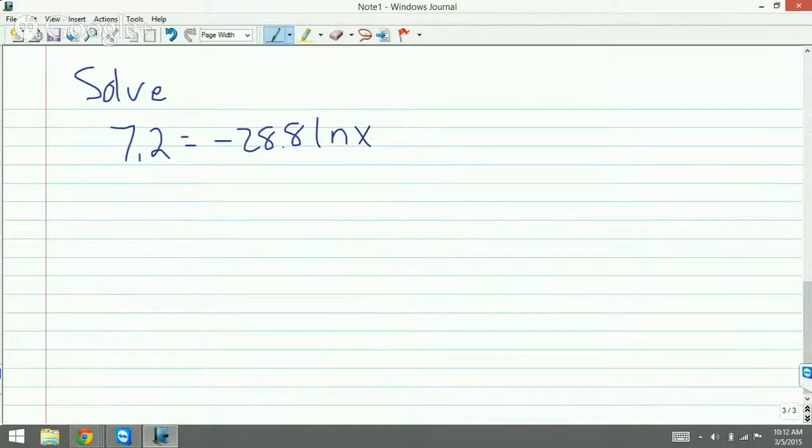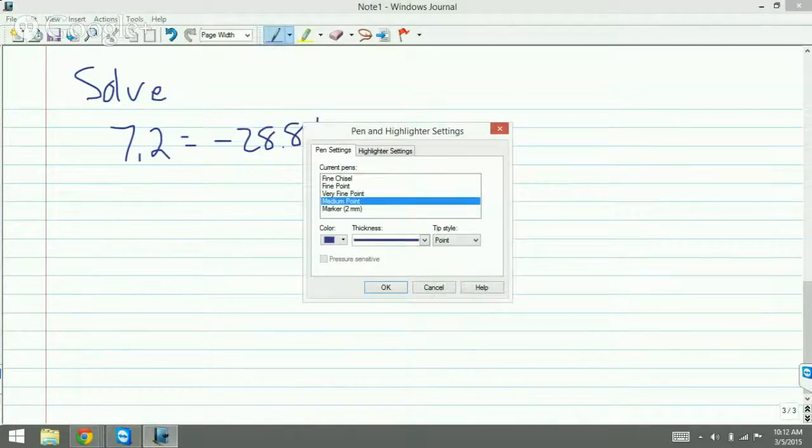Okay, solving logs. Again, same stuff you've seen. Just want to make sure you're getting it. There's been a couple people that have expressed again that they're not understanding. Okay. What do we got? What's our steps?